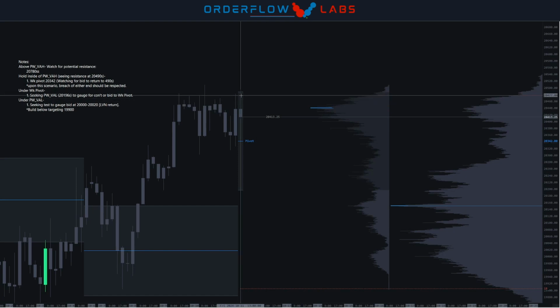But if we cannot maintain interest inside a previous week's value area high, but instead we build here and we start to push, or we look outside, build a node, and fail, bring that into weekly pivot of 20,342. Watch for a bid return to the 490s up here, just to rotate back across this node.